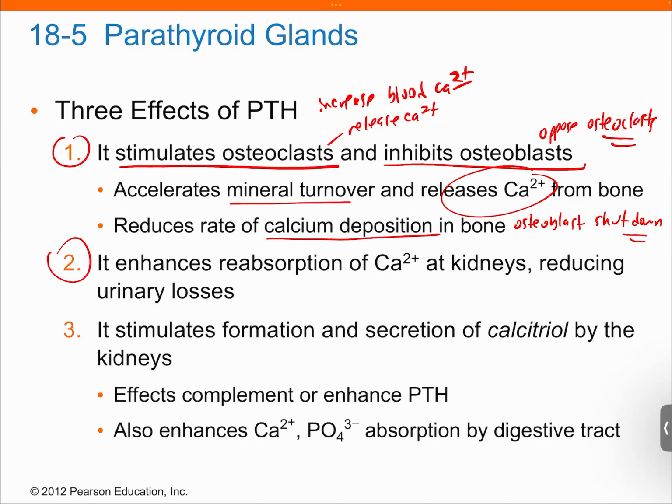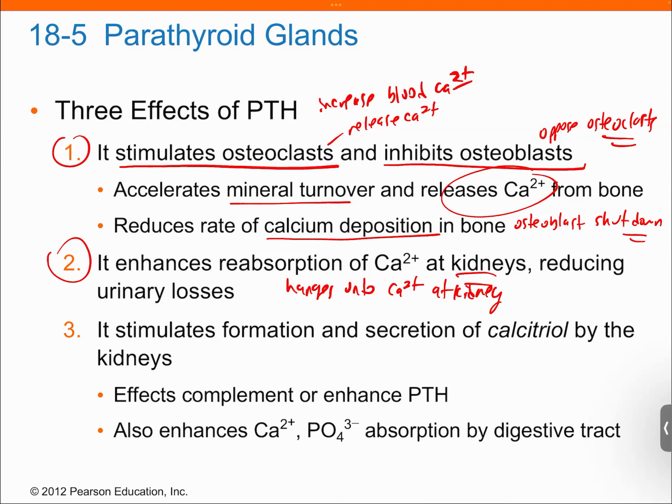What else does it do? Well, the other thing it does is work with the kidneys to reduce loss. So it hangs on to calcium at the kidney level. For instance, it communicates to the kidneys and says, listen, we're a little short on calcium in the blood, don't let it go. If it's in the filtrate that becomes urine, take it back, bring it back into the body. We need to put that back into the bloodstream. So that's what it's doing with the kidneys.